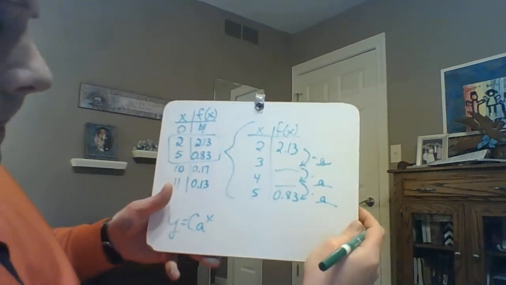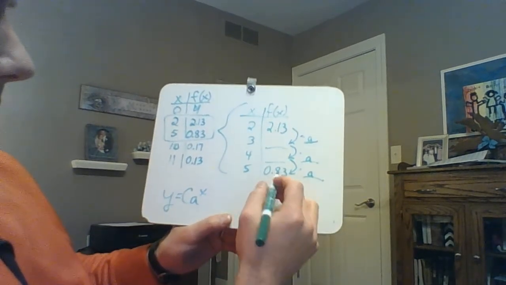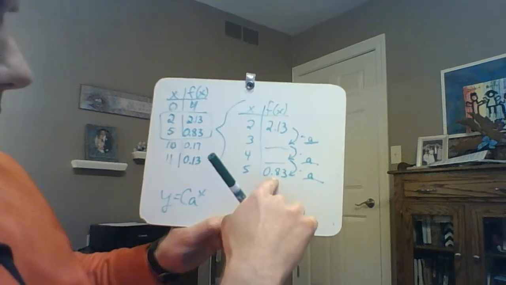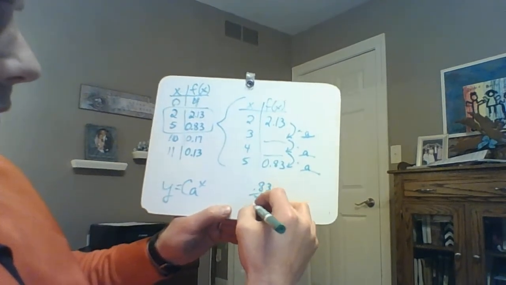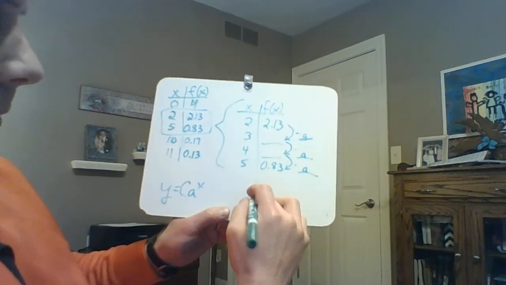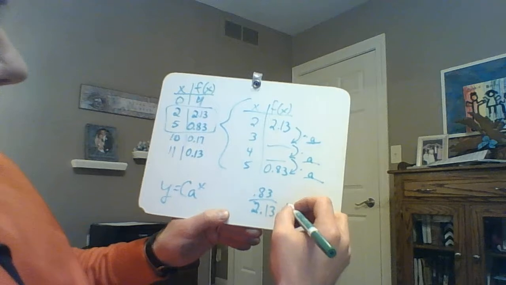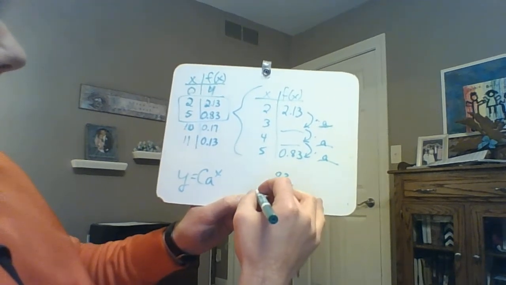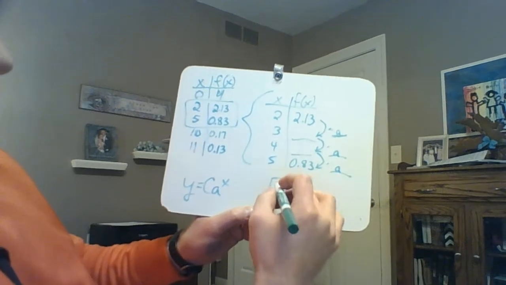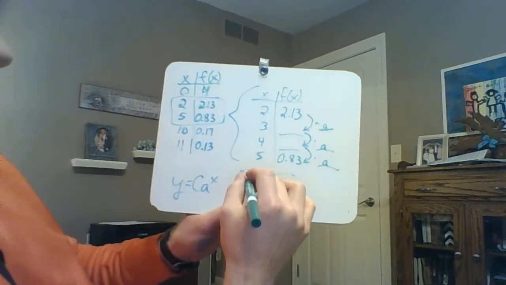All right. And so what you can do as a shortcut is you can take the lower value, 0.83, and divide it by 2.13, and that ratio, let's see, actually taking the third root, which basically comes from taking the 5 minus the 2.